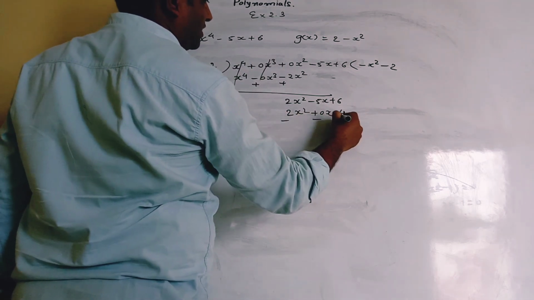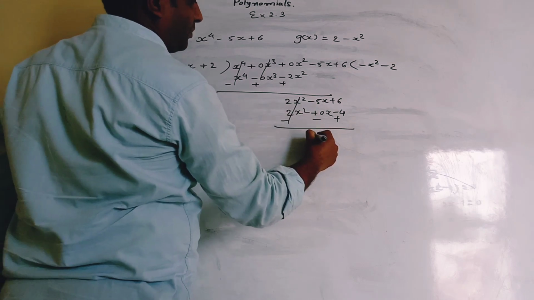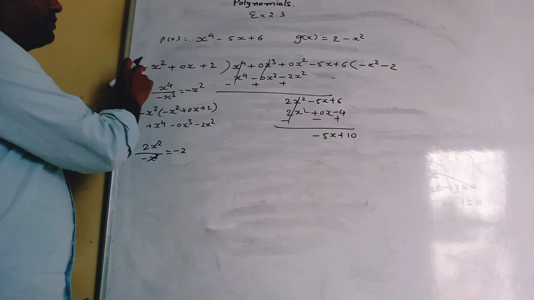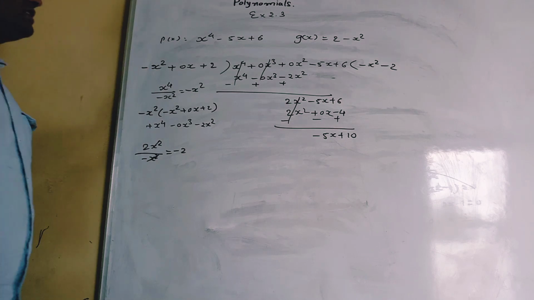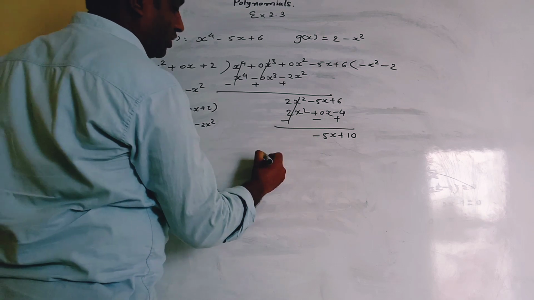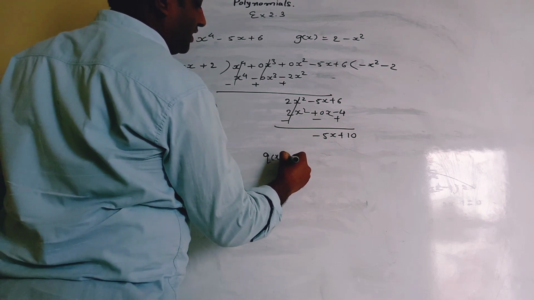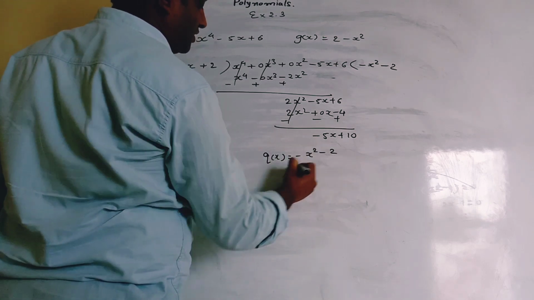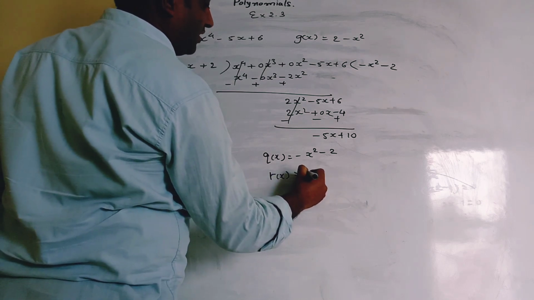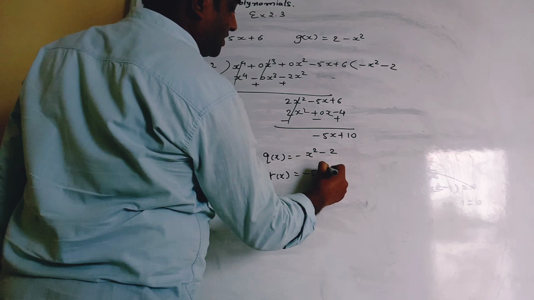Signs change and it cancels, leaving minus 5x plus 10. Now the power of minus 5x is smaller than minus x square, so division is not possible. So the quotient polynomial q(x) is minus x square minus 2 and the remainder polynomial r(x) is minus 5x plus 10.